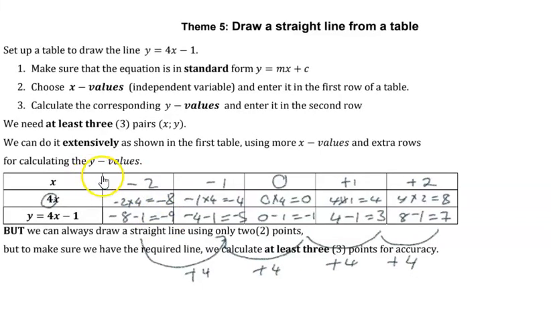We've used 5 values here, but normally we just need 2 points to draw a straight line. We can draw a straight line through any 2 points, and it will always be a straight line. But to make sure that we have the one that we want to draw, that specific one, we need at least 3 points.